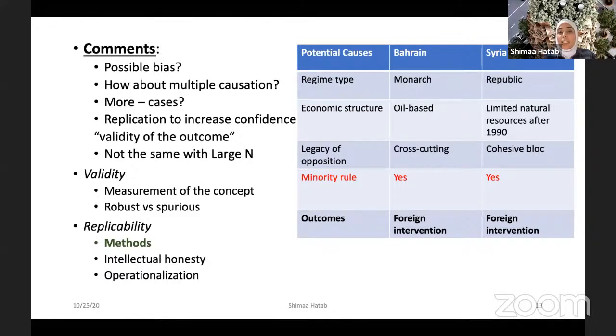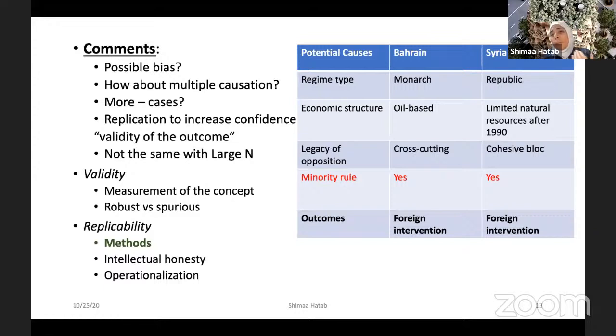Mercenaries in Bahrain prevent Sunni from gaining dominance over the military establishment, and in Syria the well-entrenched, powerful position of the Alawi officers prevented any Sunni control over the military. So multiple causation might account for this outcome.